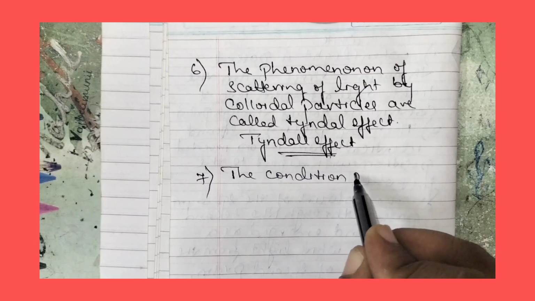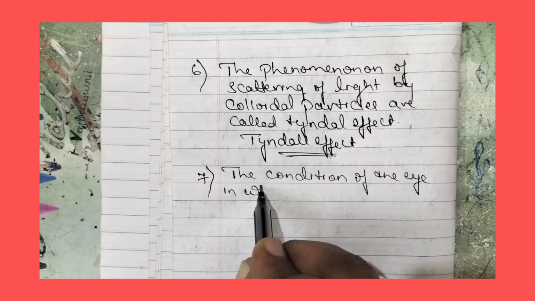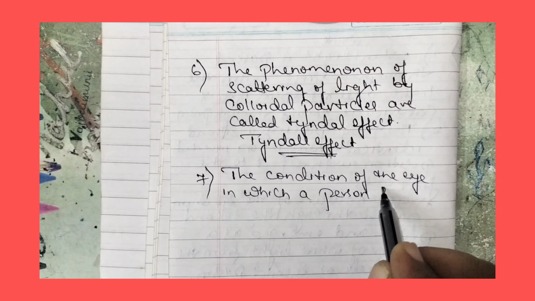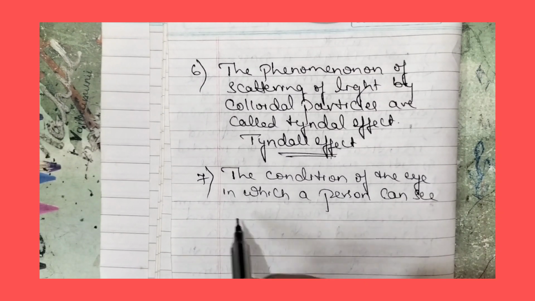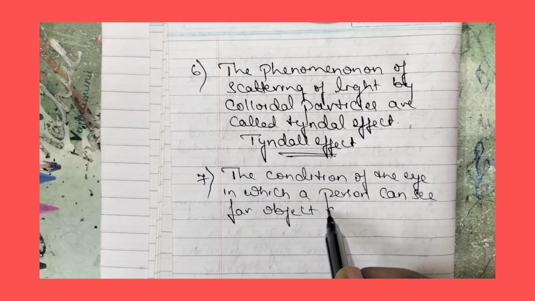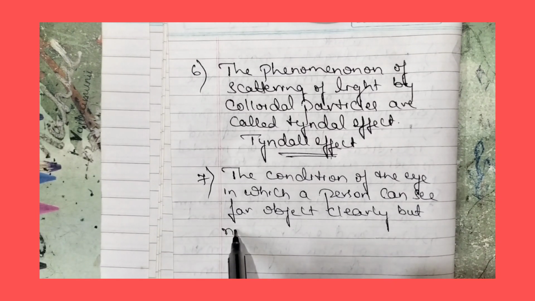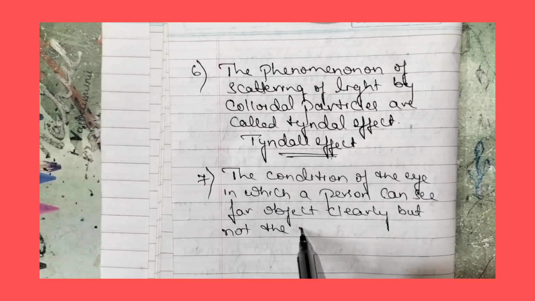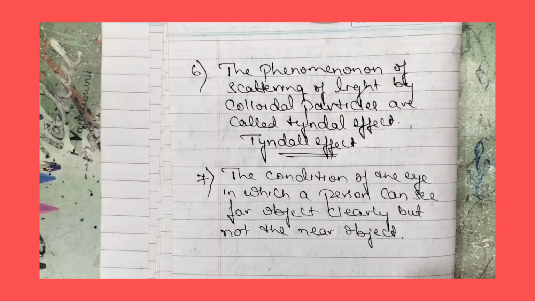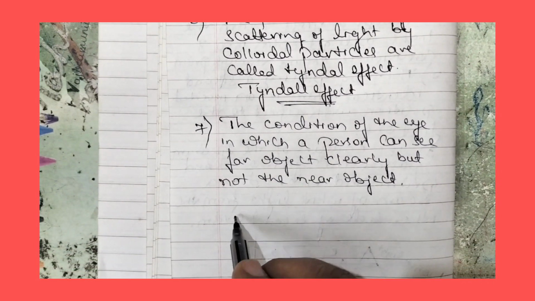The condition of the eye in which a person can see far objects clearly but not near objects is called hypermetropia.